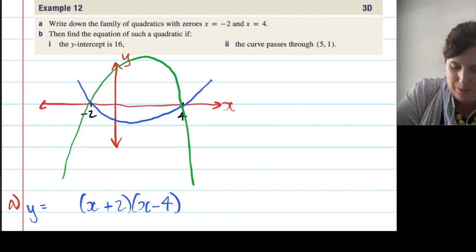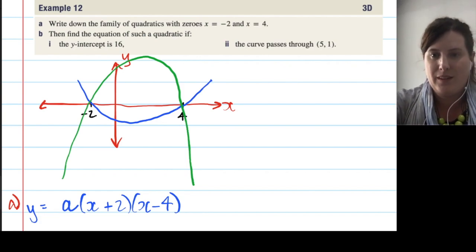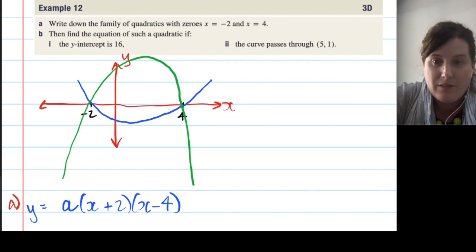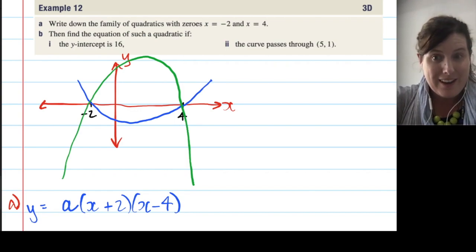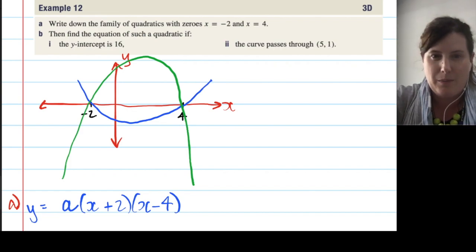I don't know whether it's going to go up or down, so I'm going to just chuck an A out the front, because whatever's out the front tells me whether it's a smiley face if that number's positive, or a sad face if it's negative, and it's going to tell me how steep it is.